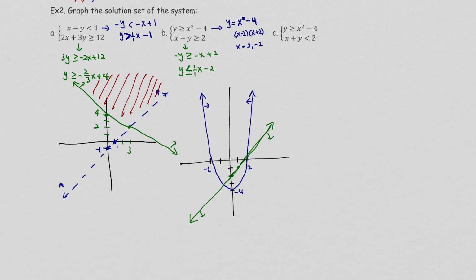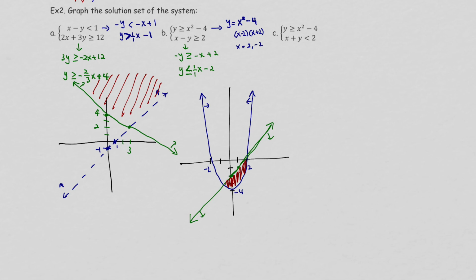So if you're looking at this area, first, this area overlapping is going to be only here. Okay? So that's how you're going to graph a system of inequalities with two different shapes, one with the quadratic and one with the line.